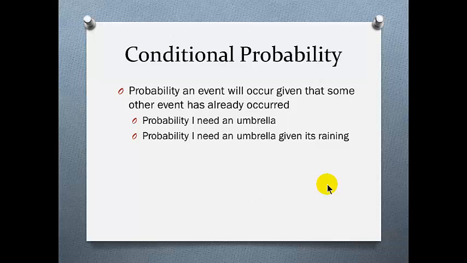That's conditional probability. And for the formula, first off, a little notation: we use a vertical line. That means something is given to us. Whatever is after the vertical line, we assume is true. That's the sample space we're looking at now. The probability of A given B, the probability that I need an umbrella given it's raining.